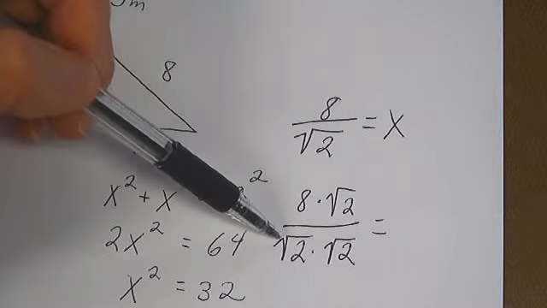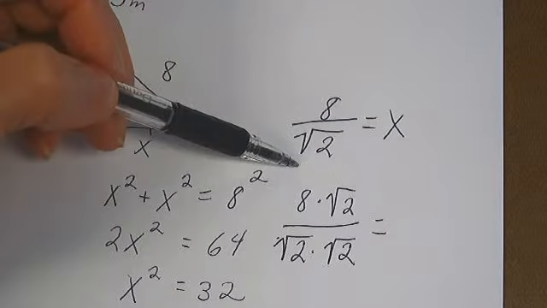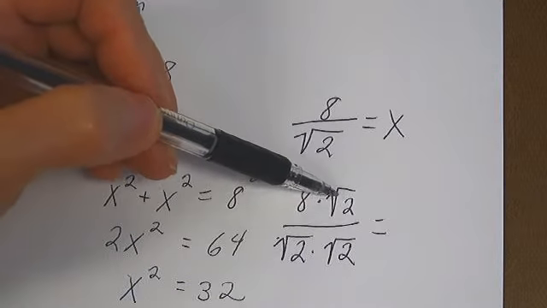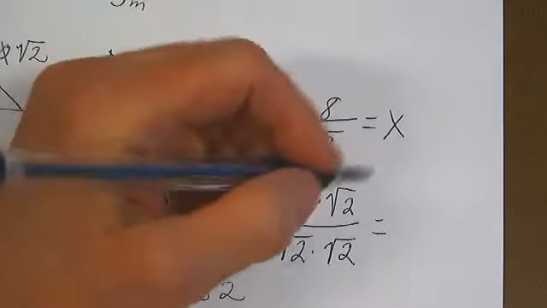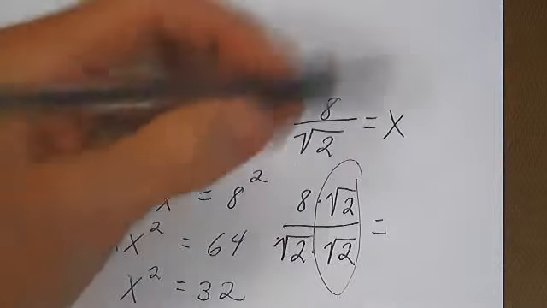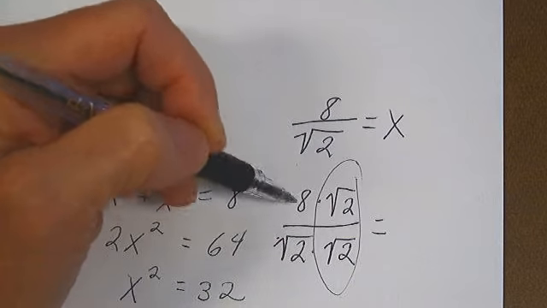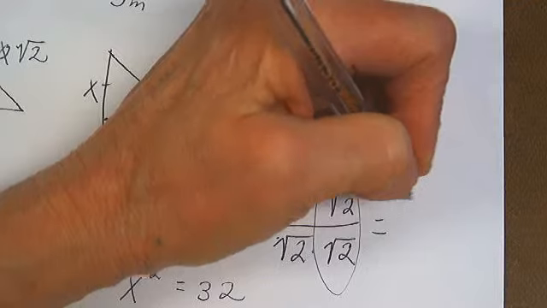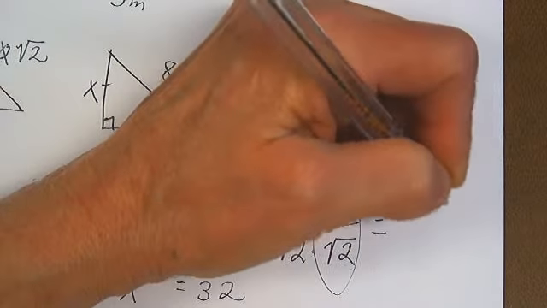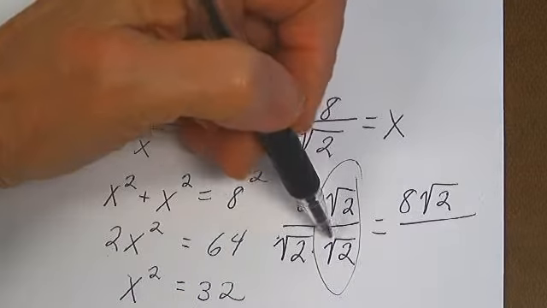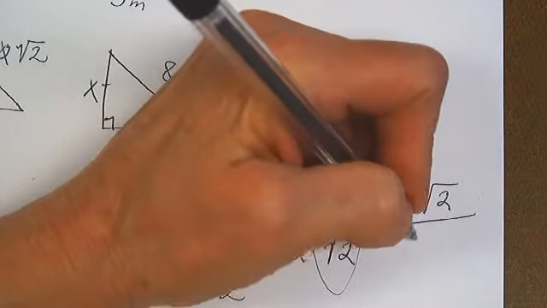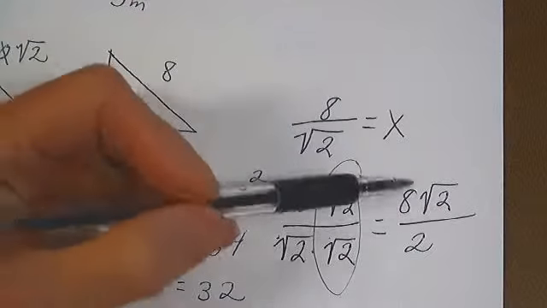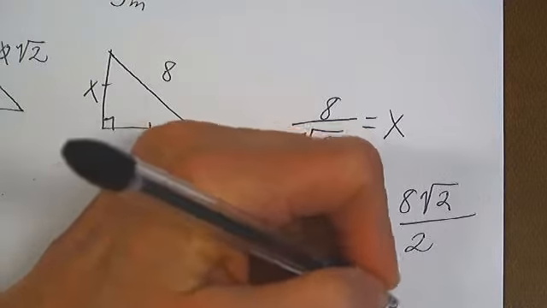To get rid of this nasty radical, 8 over the square root of 2, I can multiply times the square root of 2 over the square root of 2. This is 1. Doesn't change the value, but it makes it a lot prettier. Then that gives me 8 times the square root of 2 over the square root of 2 times the square root of 2, which is just 2. 8 divided by 2 is 4.